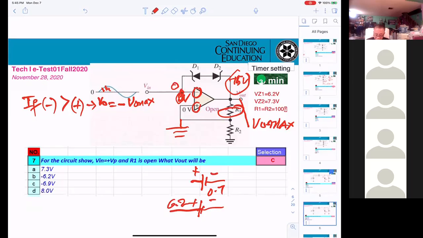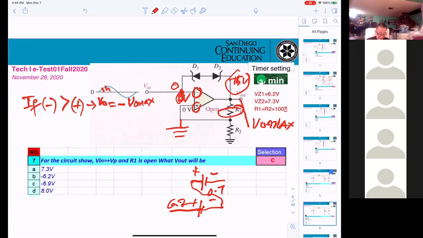Okay. So now, what do you think you can get? That means this is connected to here. Add them up. This is number 7.